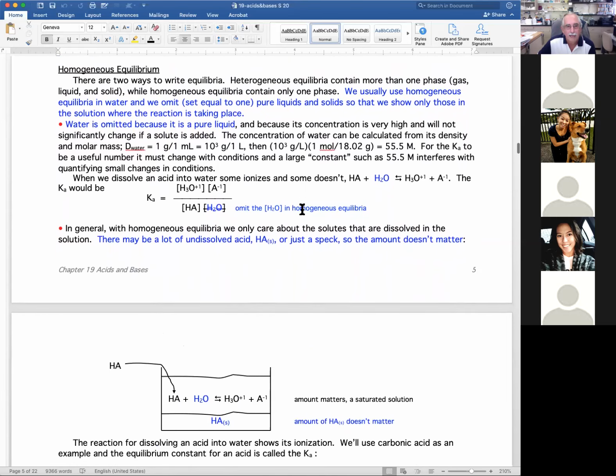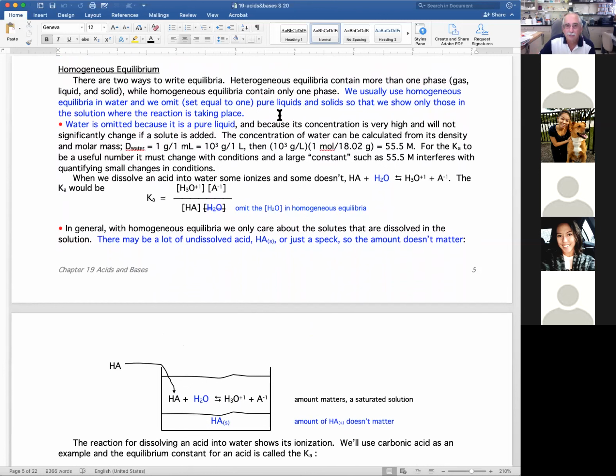So we have two ways to write equilibria. Almost always we use homogeneous equilibrium. Heterogeneous equilibrium can contain more than one phase, but homogeneous is only one phase. So in reality, we use most of the time homogeneous equilibria in water.